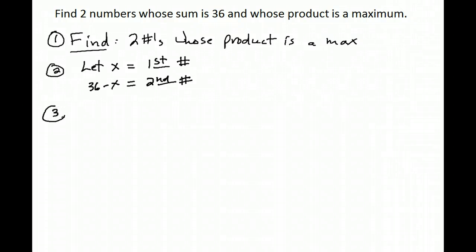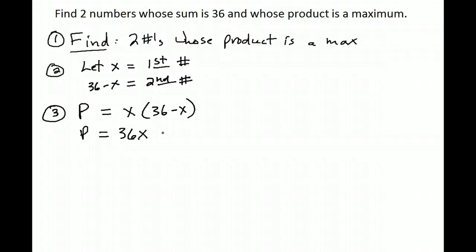I don't know what the product is, so I'll use p for product. So product equals x times 36 minus x. In standard form, p equals negative 1x squared plus 36x.